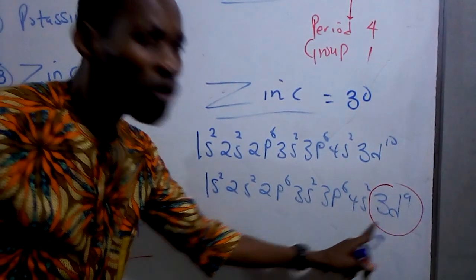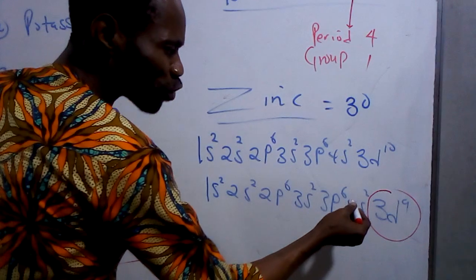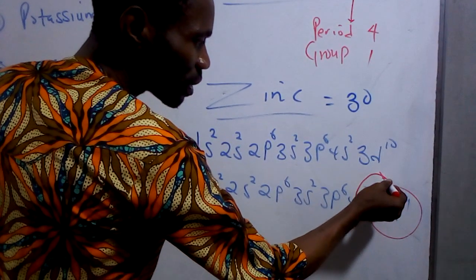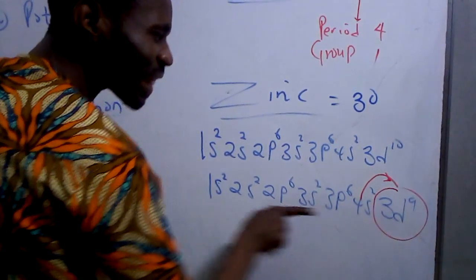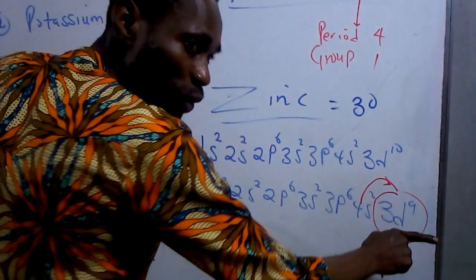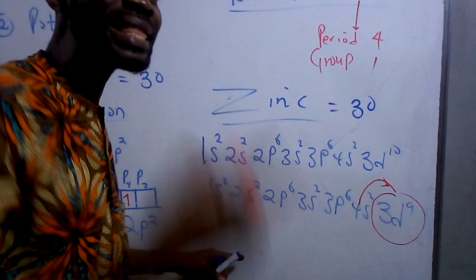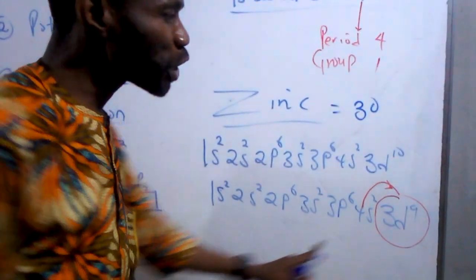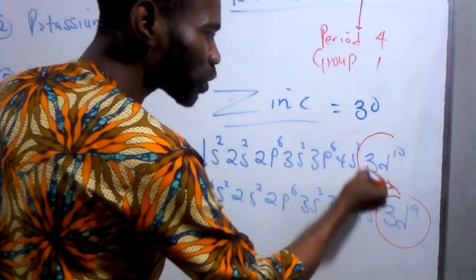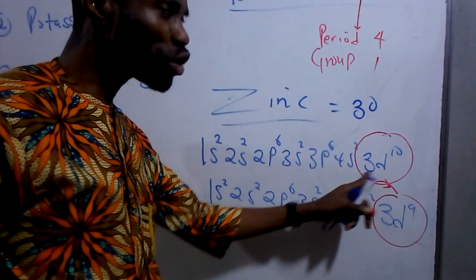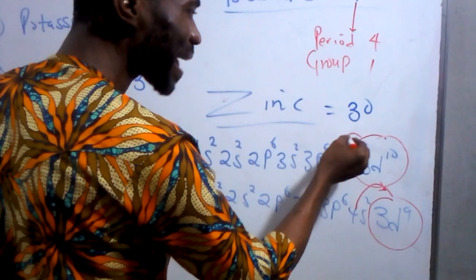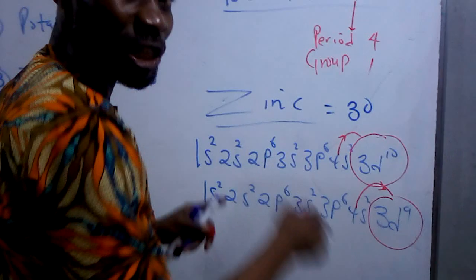Because it is not completely filled, electrons can be excited from the 4s into the 3d. This electron transition results in the formation of colors in transition metals. But when you come to zinc, that position is not there because the 3d orbital is completely filled, so there can't be any form of electron transition.